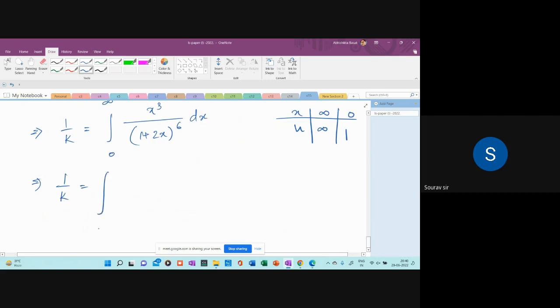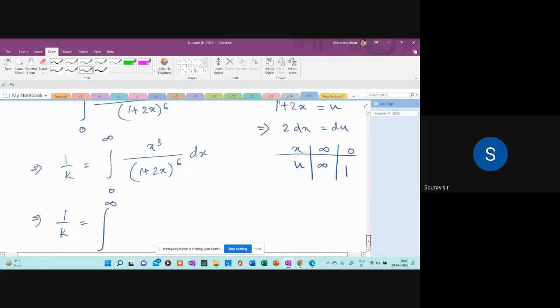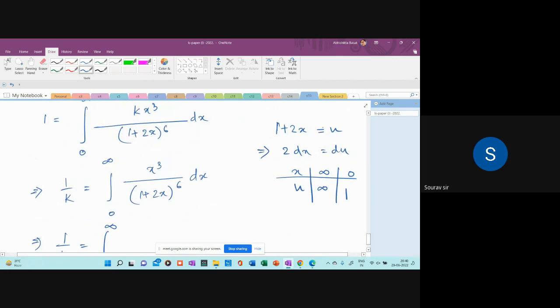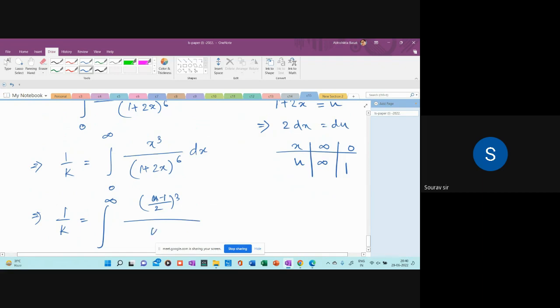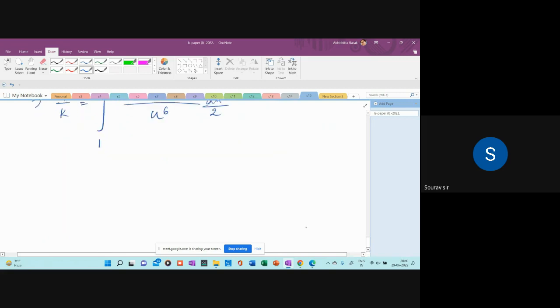You can proceed in your own way as well. For x cube, from here we are getting (u minus 1) by 2 is equal to x. So (u minus 1) by 2, whole cube, by u to the power 6, into, instead of dx, we will write du by 2. So let's change this again.